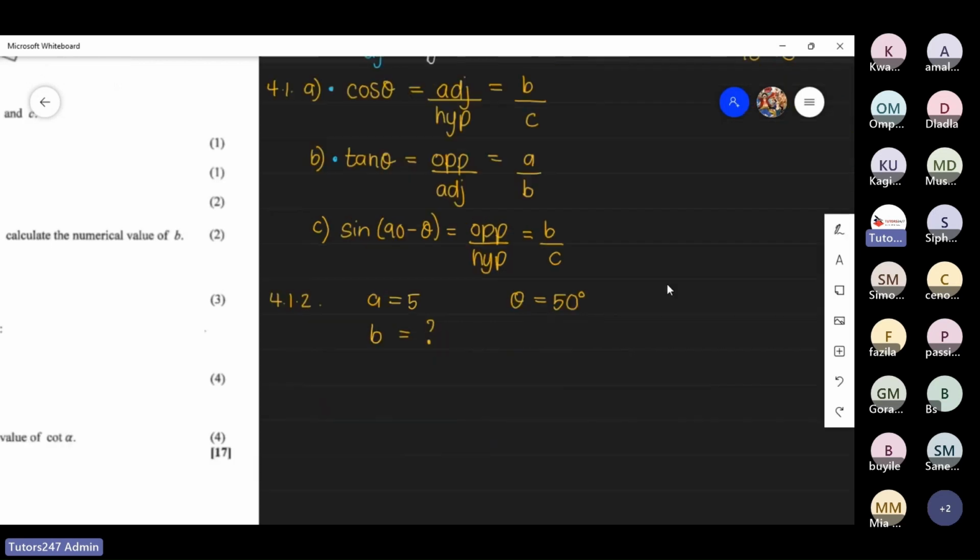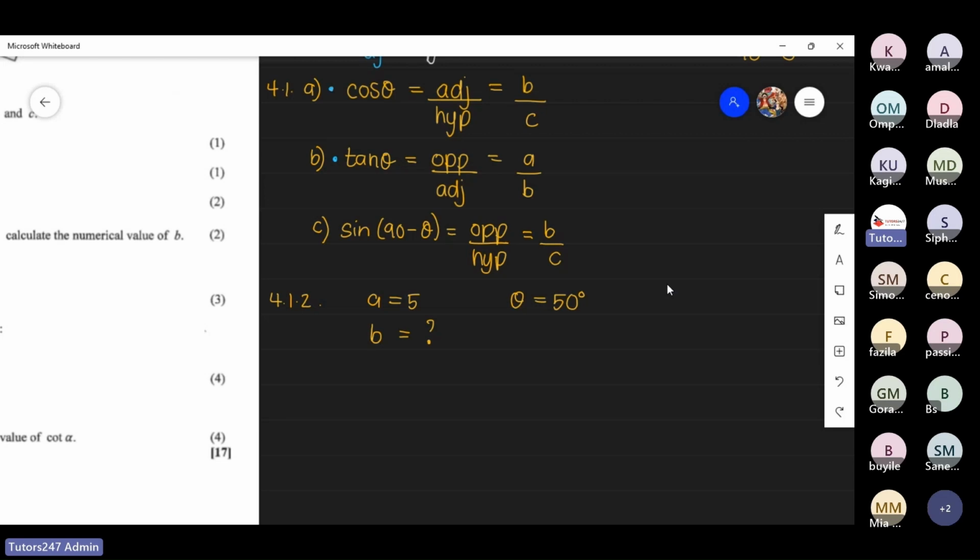The main thing was to identify which identity we can use to solve this. You cannot use something that does not have B in it, because you cannot solve for B if you don't have B in the equation. You cannot use something that has C in it because we do not have the value of C.